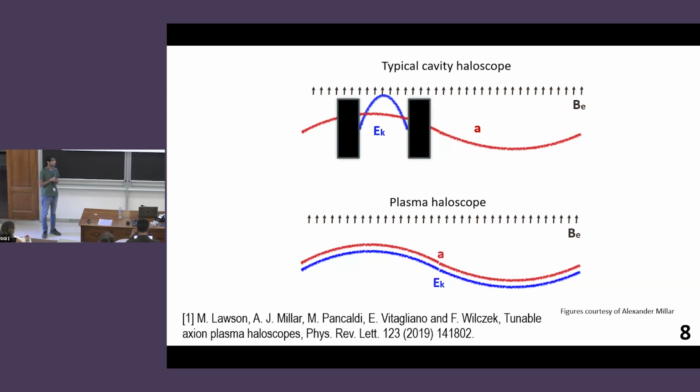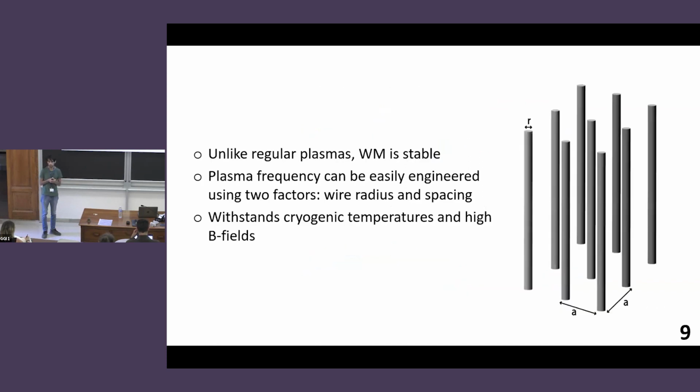Furthermore, unlike normal plasma, our artificial plasma is much more suited for operation in haloscopes because artificial plasma such as wire metamaterial is stable, is very easily engineered in terms of plasma frequency, as I mentioned, and doesn't have any problem operating at cryogenic temperatures and in large magnetic fields.